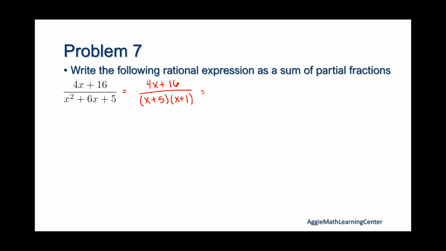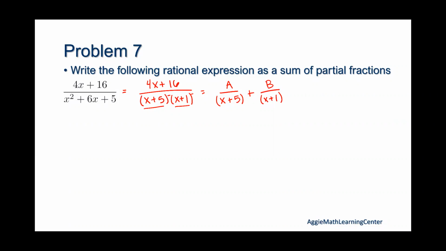Each of these is just a linear factor. We don't have any x squareds in there, and each of them only has a multiplicity of 1 because neither of the factors are squared. So both of them will just have one constant on top and their factor on the bottom. So you'll just add those 2 fractions together.